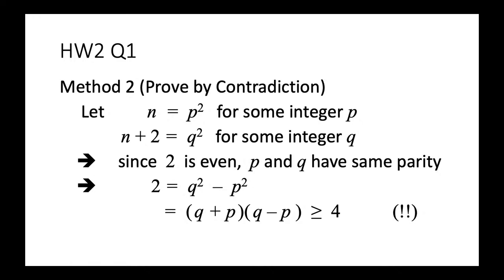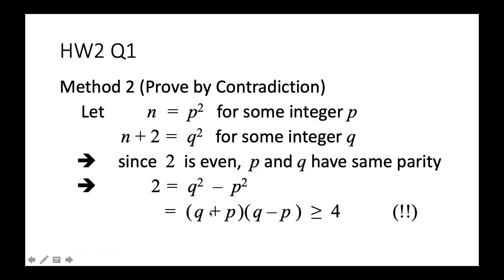And then q and p cannot be the same. So q plus p and q minus p are both even numbers and they cannot be 0. So they are at least 2 here. So q plus p multiplied with q minus p will be at least 4, at least 2 times 2.